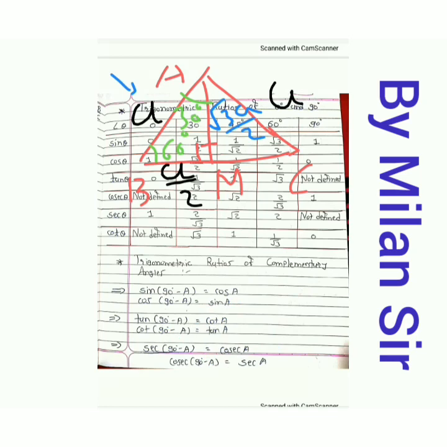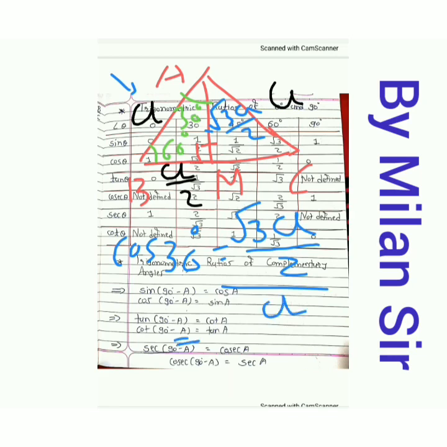Okay, now for cos 30. For 30 degree, the adjacent side is AM, and the value of AM that we got is under root 3a by 2, upon hypotenuse. Your hypotenuse is a.